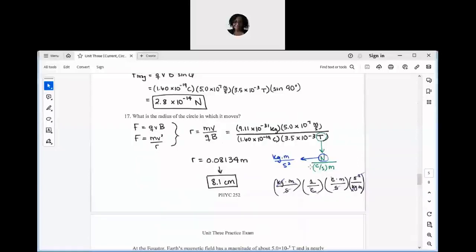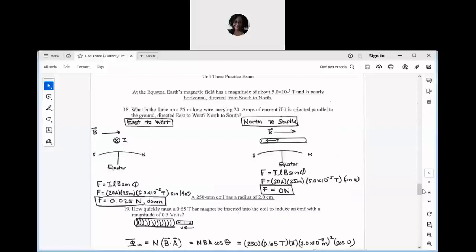I split this amp into coulombs per second because I know ultimately I'm going to want to cancel one of the coulombs that shows up in the denominator. The newton is kilograms times meters over seconds squared. So when you cancel out all these units, the only thing that actually makes it through is this one meter in the numerator. Applying sig figs, this is going to be 0.081 meters, or 8.1 centimeters.